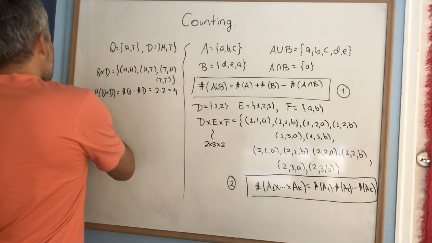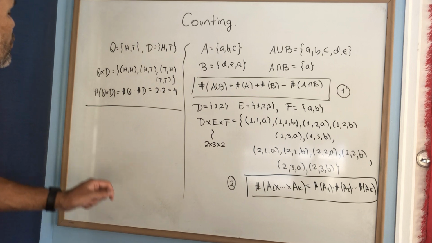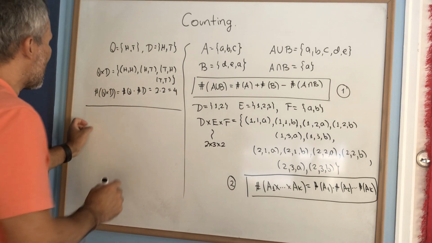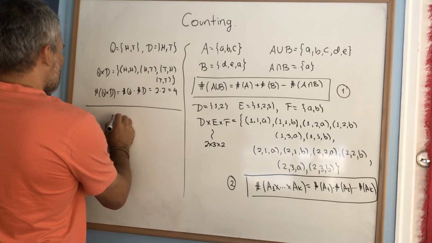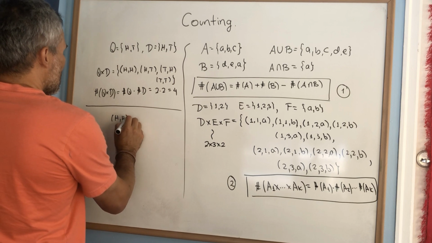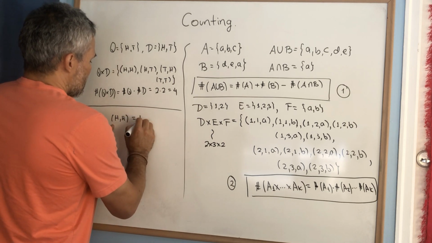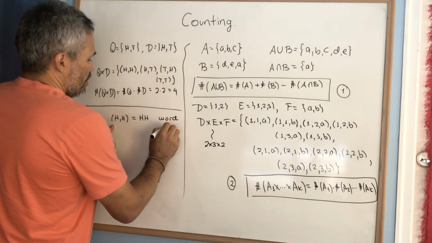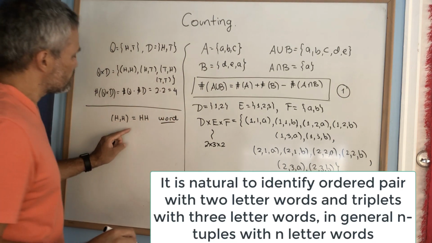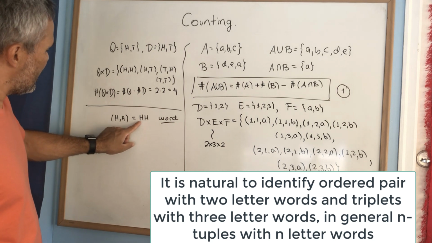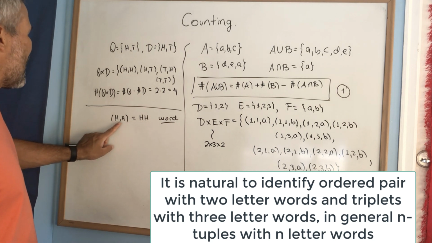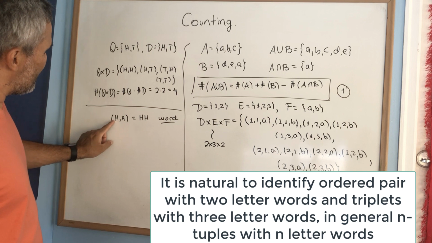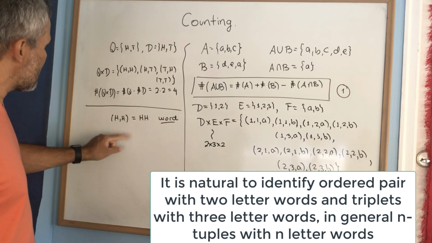Something that we usually do is to identify an ordered pair, let's say (head, head), with this expression, as if it were a word. HH is going to have the same meaning as the ordered pair (H, H).